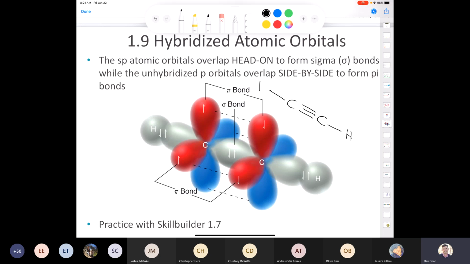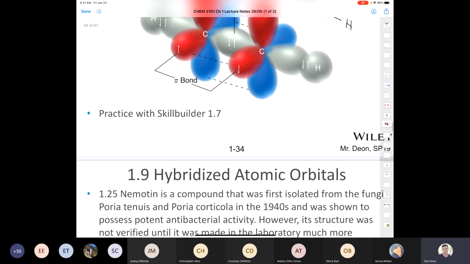This is showing carbon with a sigma bond, right? That's this bond, right? We have this sigma bond here, and then we have 1 pi bond, and then we have the second pi bond here. So that explains the bonding in acetylene.